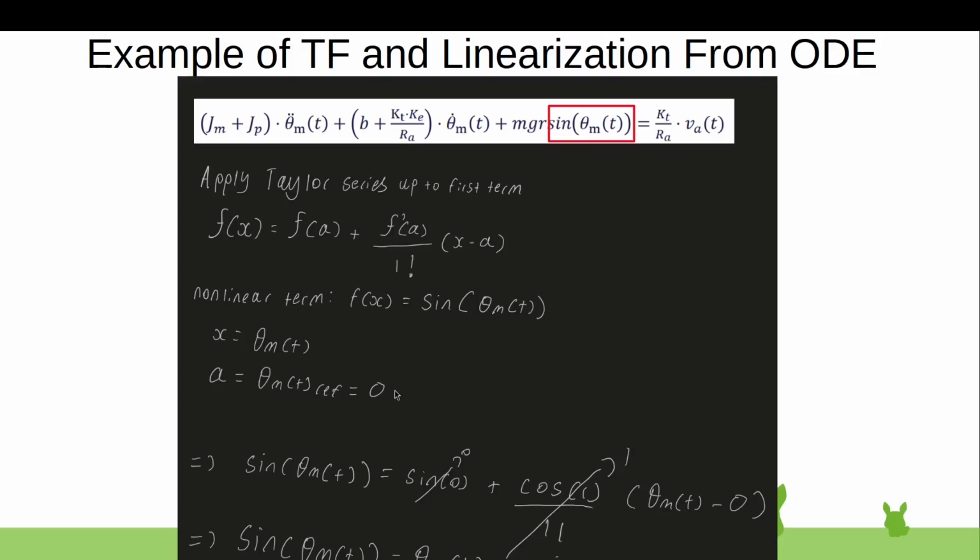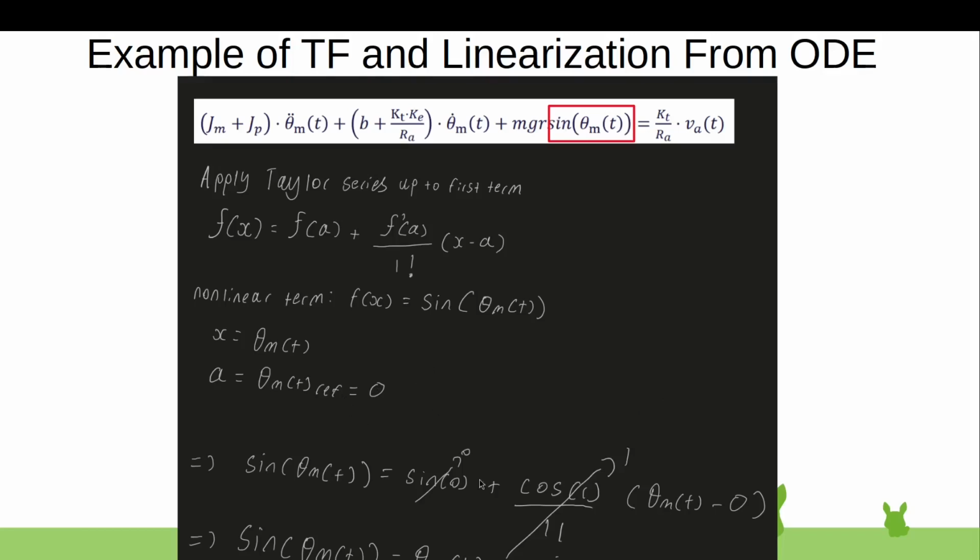And the thing with linearizing is that when you get further away from this point, you will be less accurate compared to the nonlinear system, or the real system itself, which is nonlinear. But if you're around the operating point, which is 0 in this example, then that's okay.